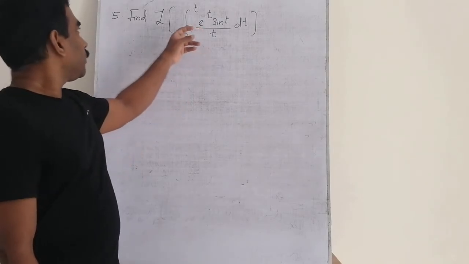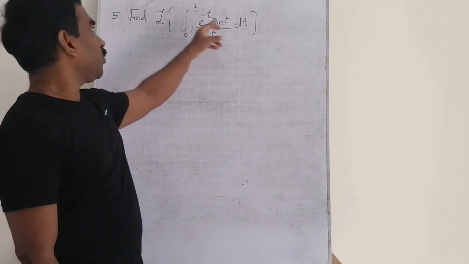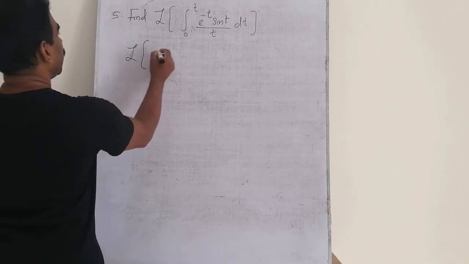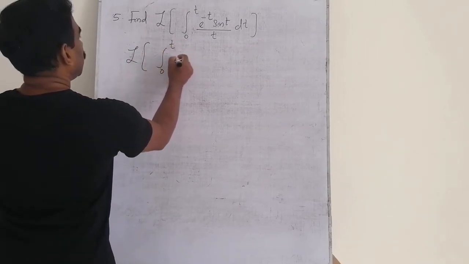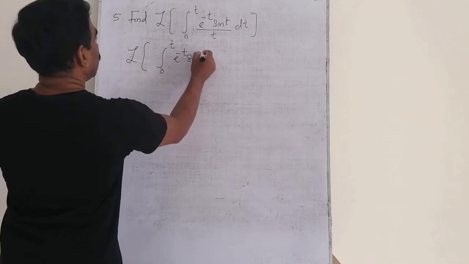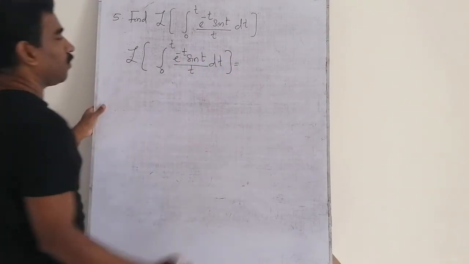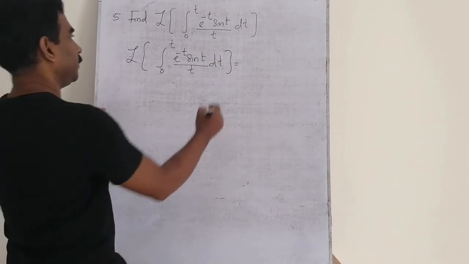Now see the next problem. This is the computation of the Laplace transform of an integral, and we apply the standard result. The Laplace transform of the integral from 0 to t of e raised to minus t sin t divided by t dt is equal to 1 by s into the Laplace transform of the function.